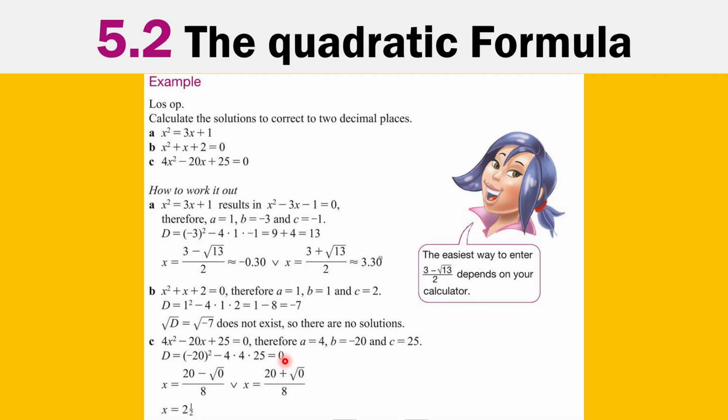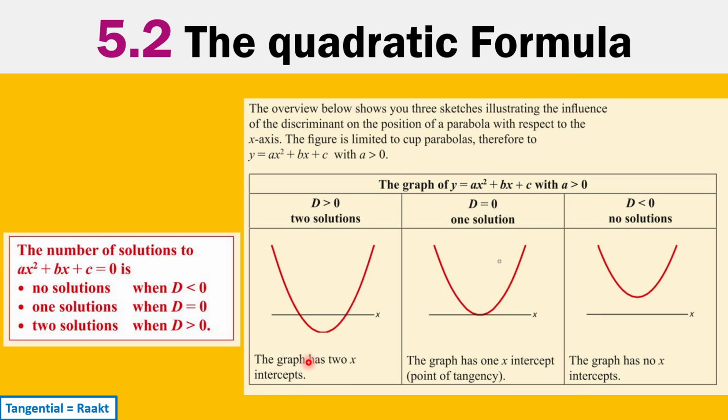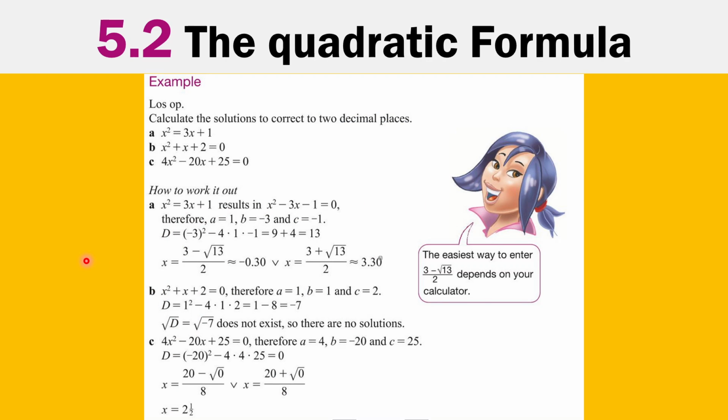And this again is a cup parabola because A is positive. So this would look something like this. Okay? Practice this in exercise 23. You're going to make an overview for this for cup parabolas as well. For example, the examples here are only for cup parabolas where A is bigger than 0. I wish you good luck with doing that.